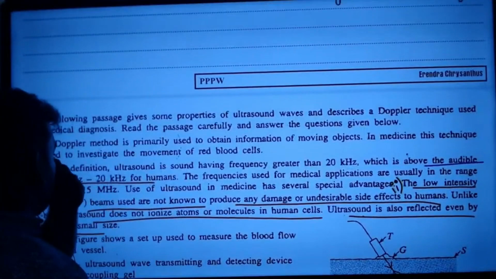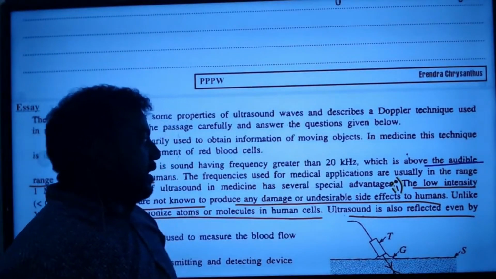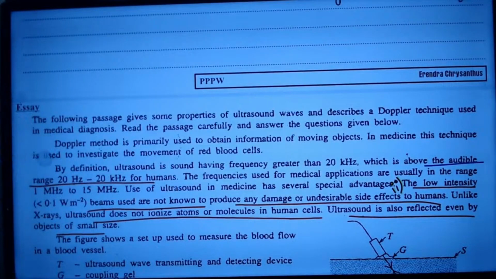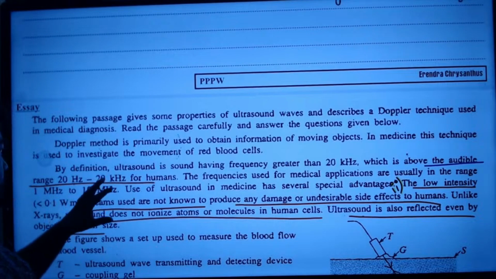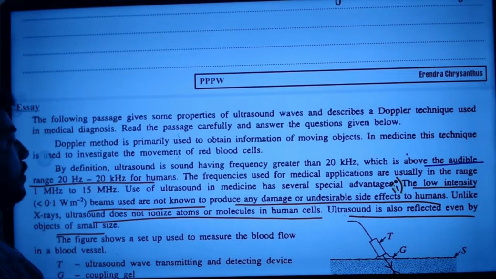The major difference is this: ultrasound is greater than 20 kilohertz, and the audible range is less than 20 kilohertz, between 20 hertz and 20 kilohertz.